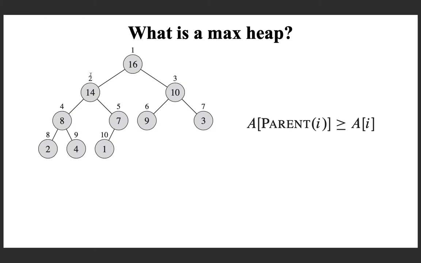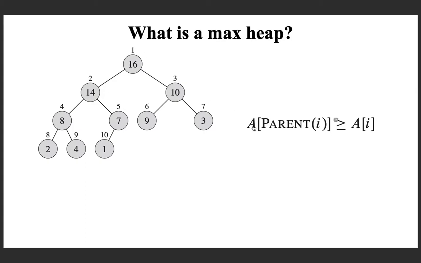If you take i as 2, the parent of i is 2 by 2, which is 1; parent of i means the index of the parent for the node at index i. So if you substitute i as 2, its parent is at index 1.